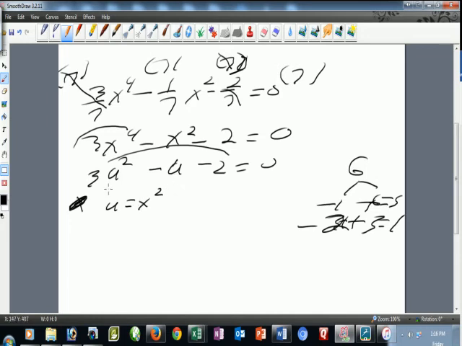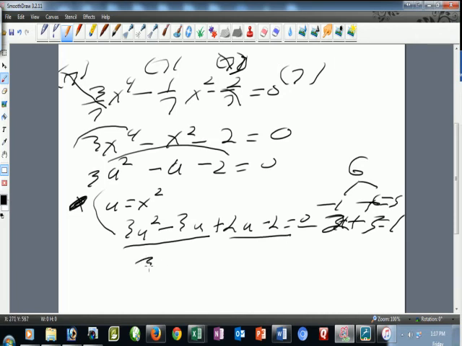So guess what we're going to do here? This becomes 3u squared minus 3u plus 2u minus 2 because we need that negative 1, right? Now you ask yourself, your mama says what? 2 bites at a time. So you're going to pull out a 3u, you're going to have u minus 1.